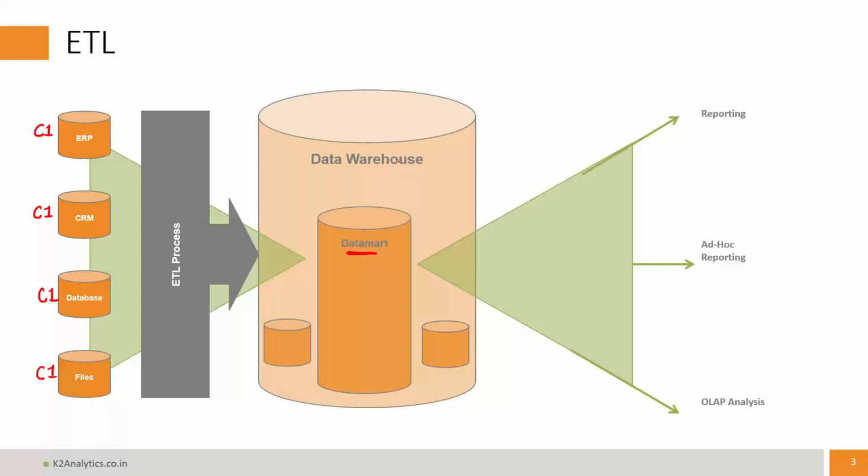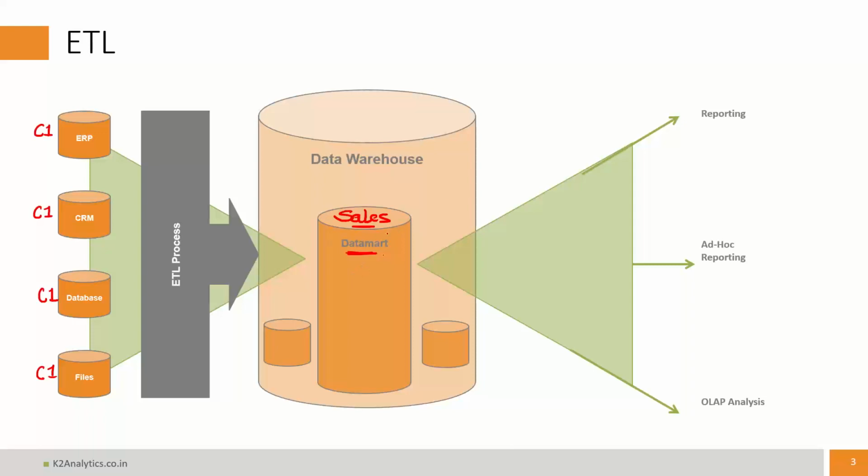What is the difference between a warehouse and a data mart? If I am aggregating the entire data from a particular functional department perspective, for example from a sales department perspective, the objective is I need to pull out many reports for the sales department.